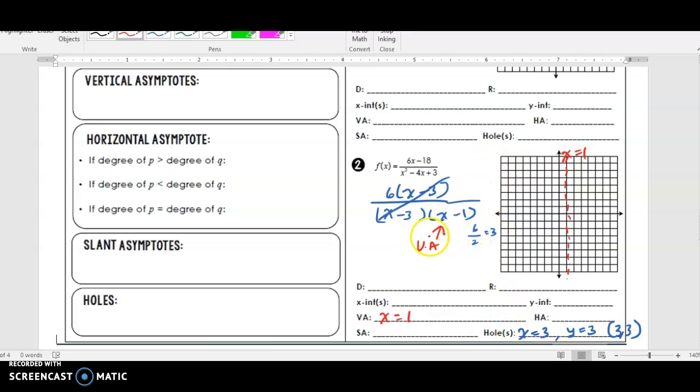And coming to horizontal asymptote, this is the case where you will see that the degree of P is less than the degree of Q, meaning it is a BOBO situation, big on bottom, y equal to 0. So that is the equation of the horizontal asymptote here, which means it is the x-axis itself, right?